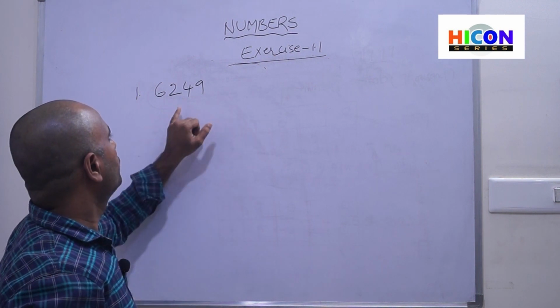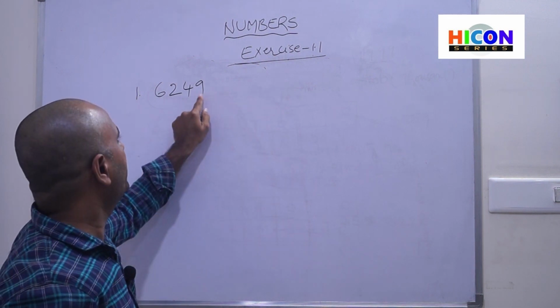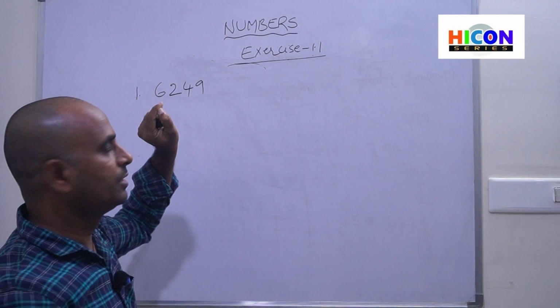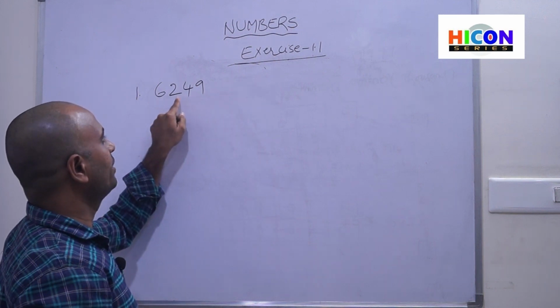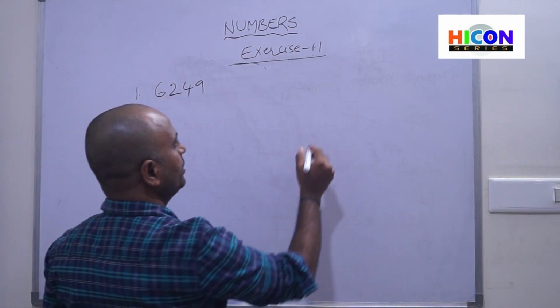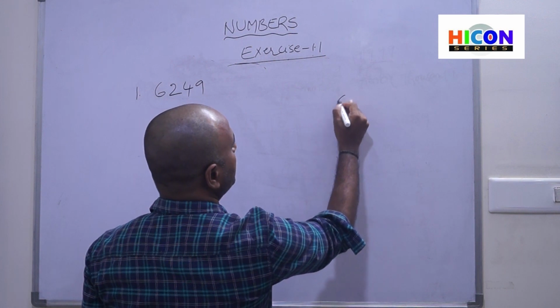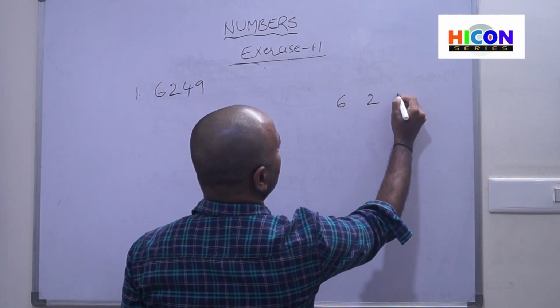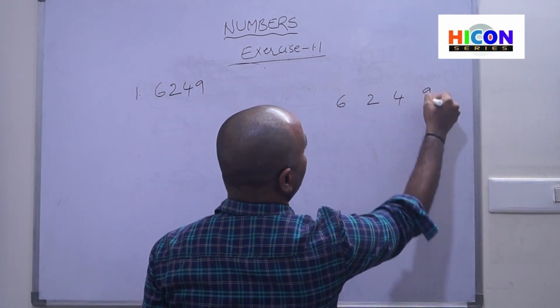How to write the number name for this number? First we have to write places for every digit in the given number. The given number is 6249.